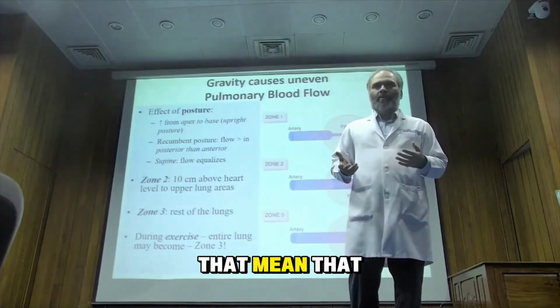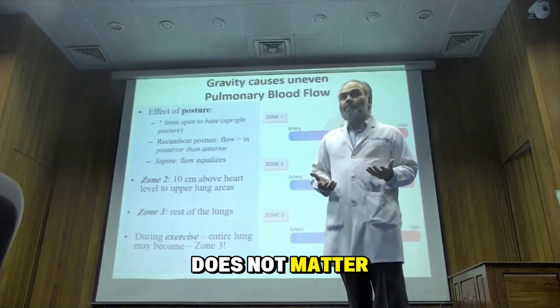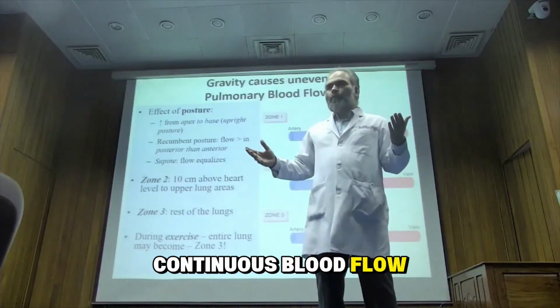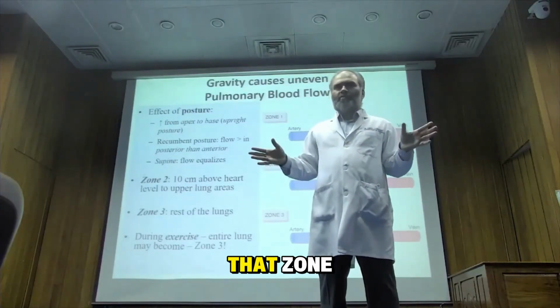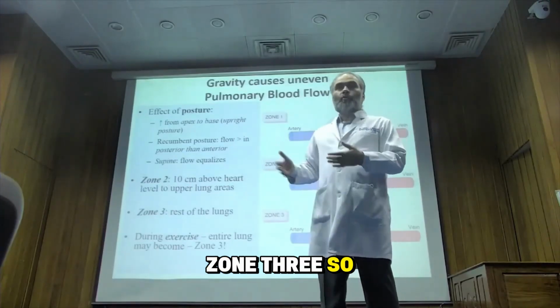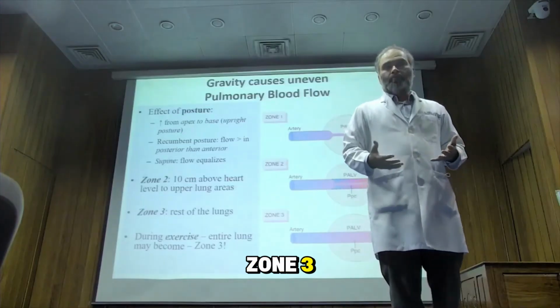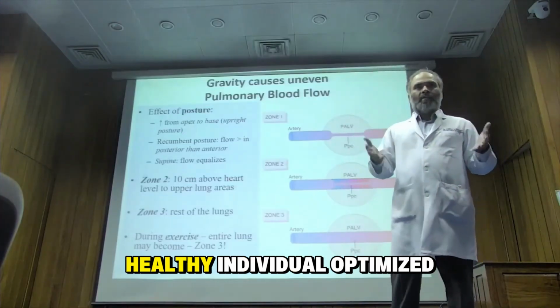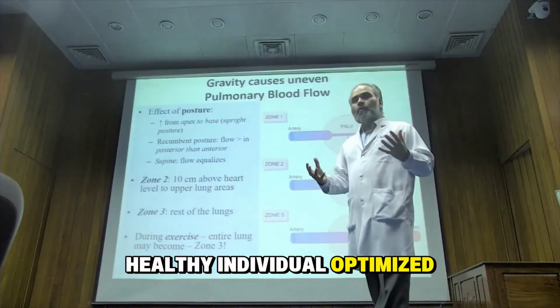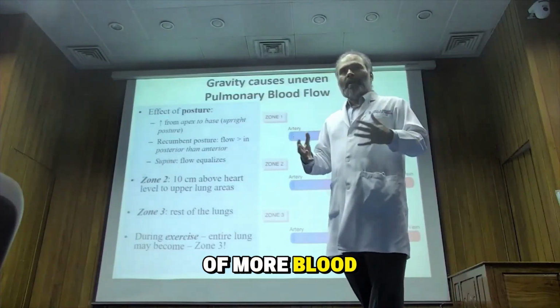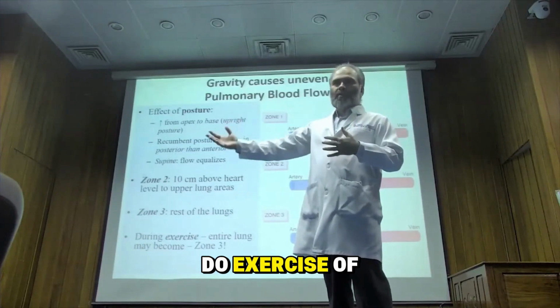That means it does not matter where you are in the lung, it will get continuous blood flow throughout the cardiac cycle. What is that zone? Zone 3. So in exercise, the entire lung becomes zone 3 in a healthy individual, optimized for maximum gas exchange of as much blood as this person can manage during exercise.